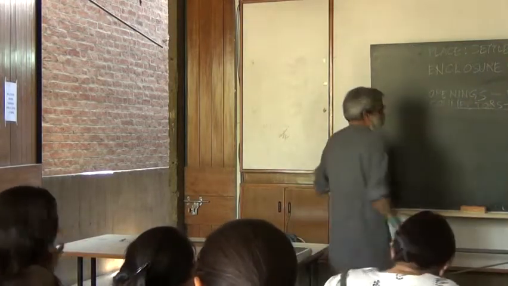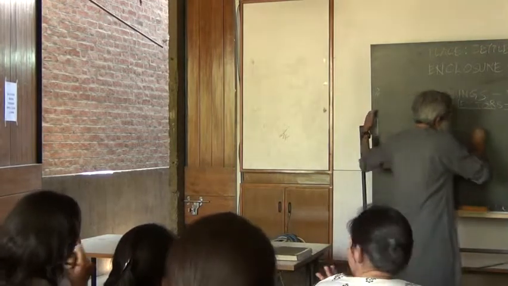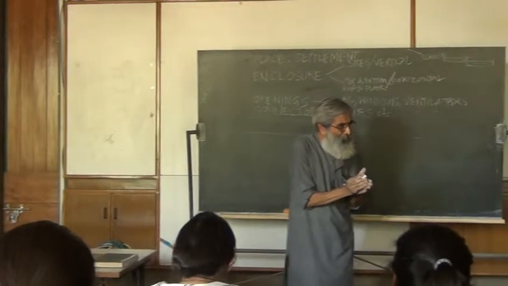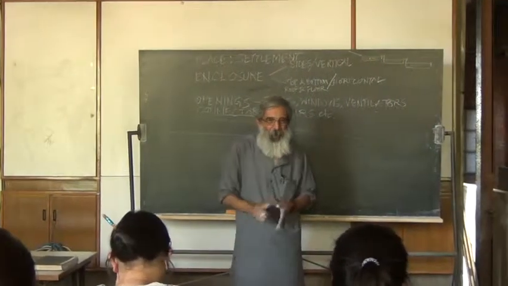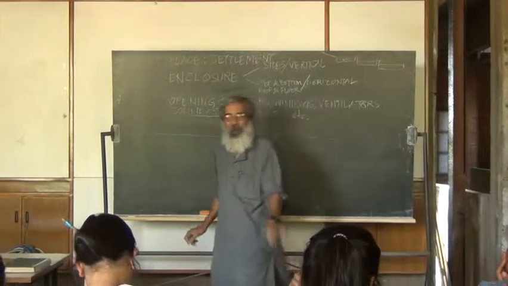There will be a plan drawing which has a 9 meter center to center width. Now that you are a cooperative housing society, you can build a shared wall. You don't have to build two separate ones.